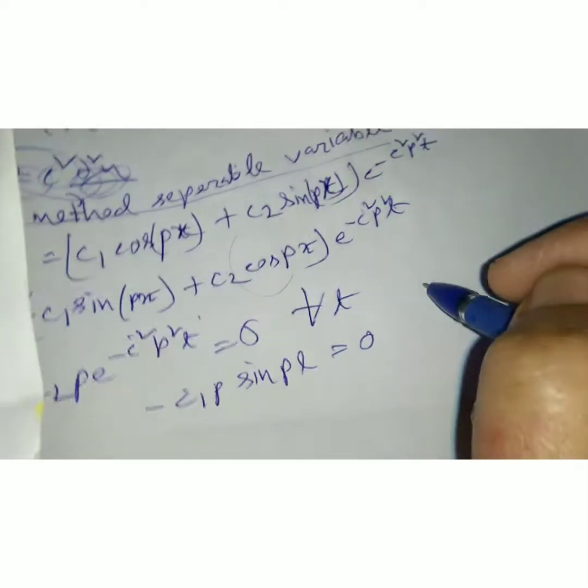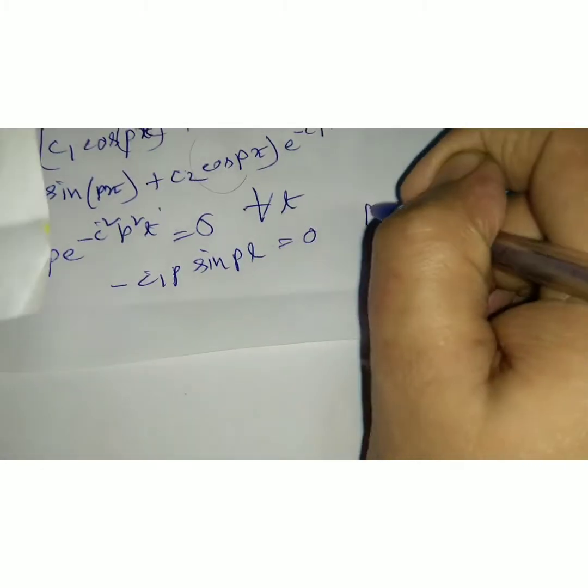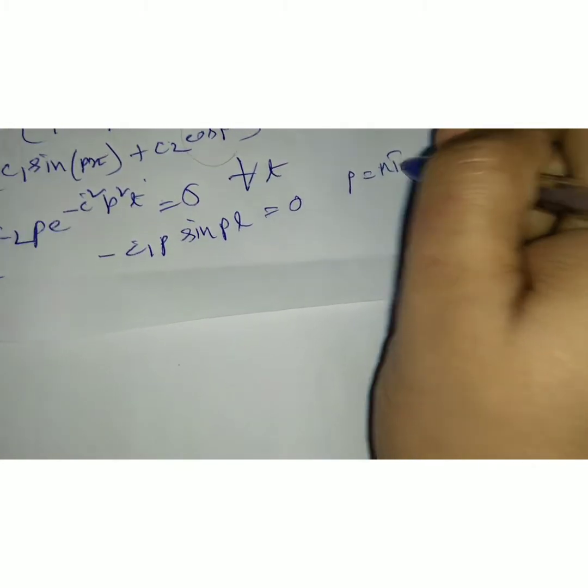So we can get easily that sin pL is equal to sin n pi, so p is equal to n pi divided by L.